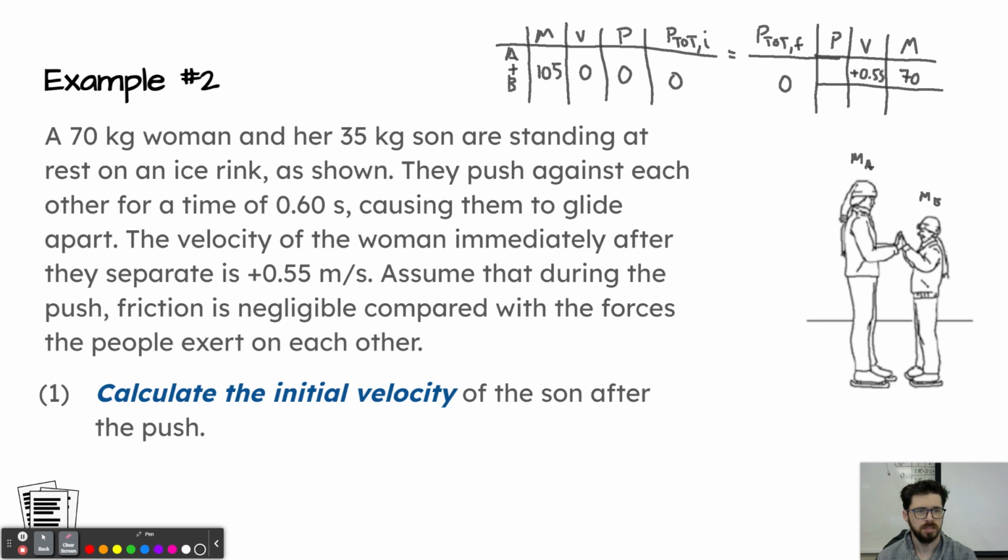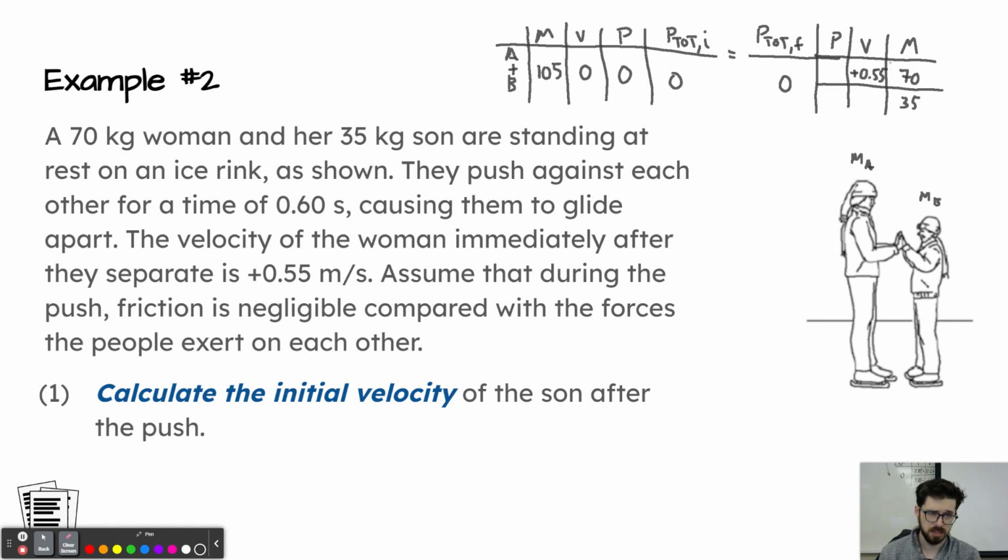0.55. Now, the parent, or the kid, I'm sorry, has a mass of 35. And it seems that we have some information that's not complete. But luckily, we do have M and V, so we could really quickly calculate the momentum. So let me pull out my calculator. And let's do that.